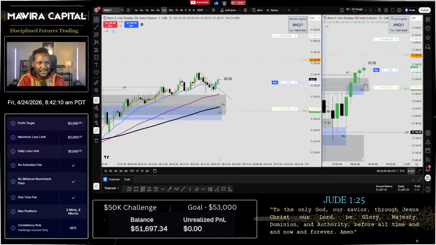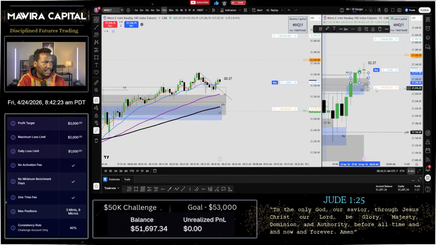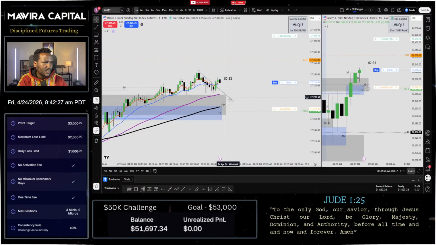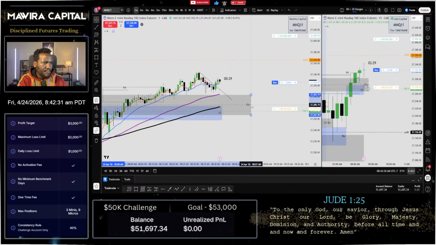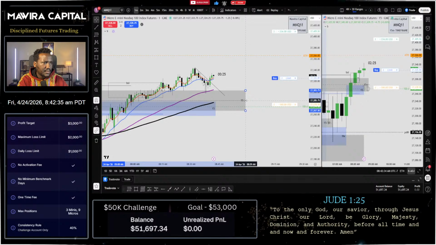Looked like a good trade, man. Stop loss below this area, so even if there's a retracement, I think that area would have held, and that would have been a good trade for the day. I need it to be perfect though. If I'm gonna take a second loss, it has to be 100% worth it.